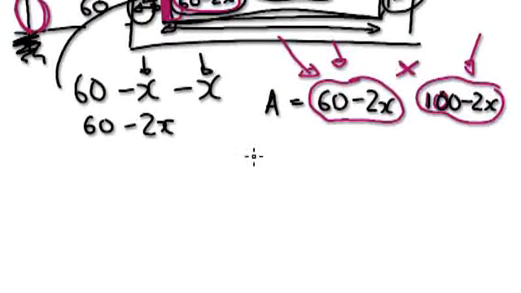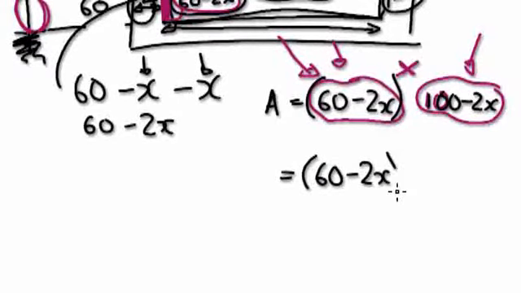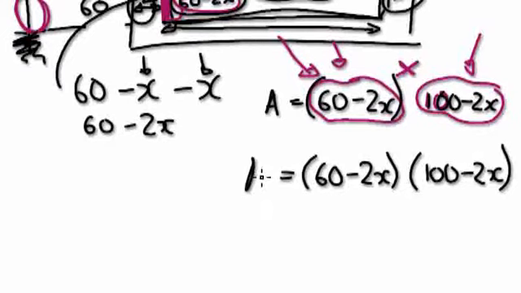The proper way of writing this is to use brackets, because brackets say that whatever's in here, you work out first, and then you can times. So do this first, and then do this, and then times. Remember, when two things are next to each other, it means times, so we don't need a times in here. So the formula for the area of the glass would be this here.